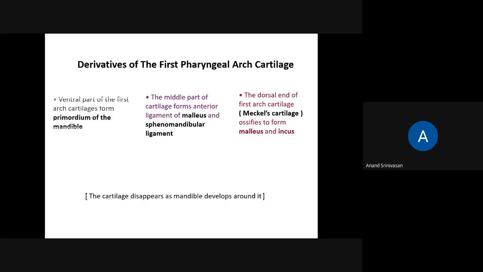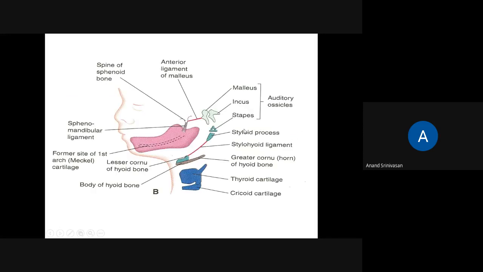From the first pharyngeal arch, the skeletal components are the mandible, the malleus, a small ligament which is the sphenomandibular ligament, and Meckel's cartilage. They form the malleus and incus.